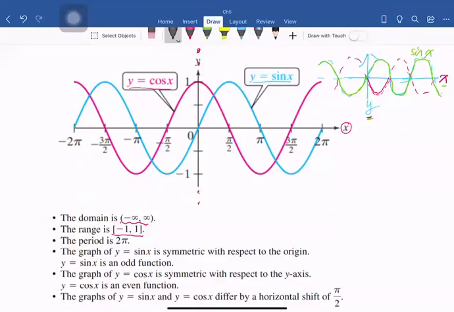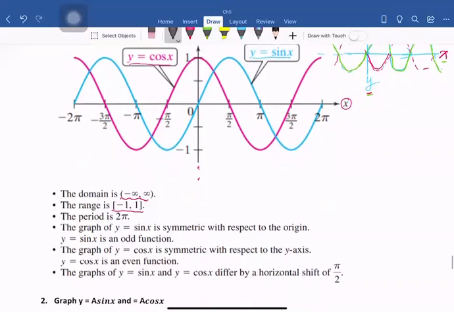And how about the graph of y equals cosine x? Cosine x is symmetric with respect to the y-axis. That means if this is the cosine function, I can continue to draw. So this is the y-axis. If I flip the graph along the y-axis, I can get this.